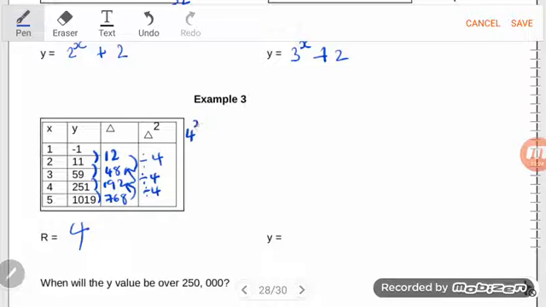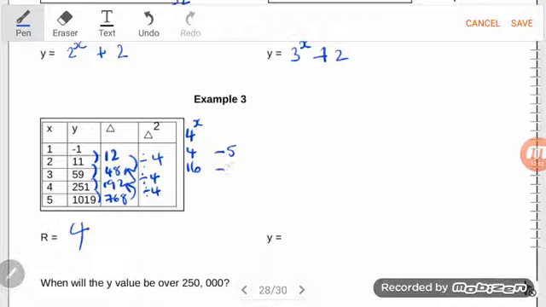Now I can tell you straight away that that's not going to be the same. So let's see, 4 to the power of 1 is going to be 4, but we've got -1. 4 to the power of 2 should give us 16, but we've got 11. Okay, so here, if we subtract 5, we're going to get -1.